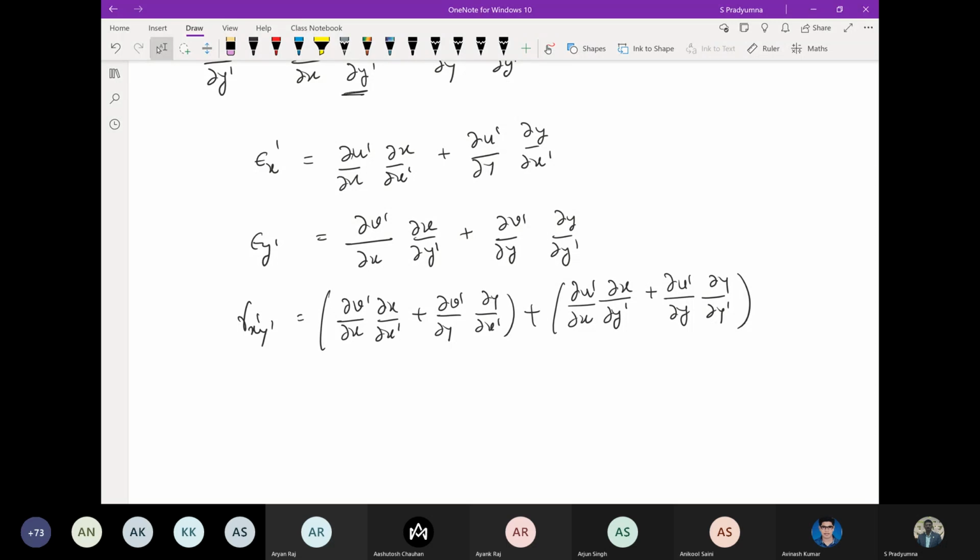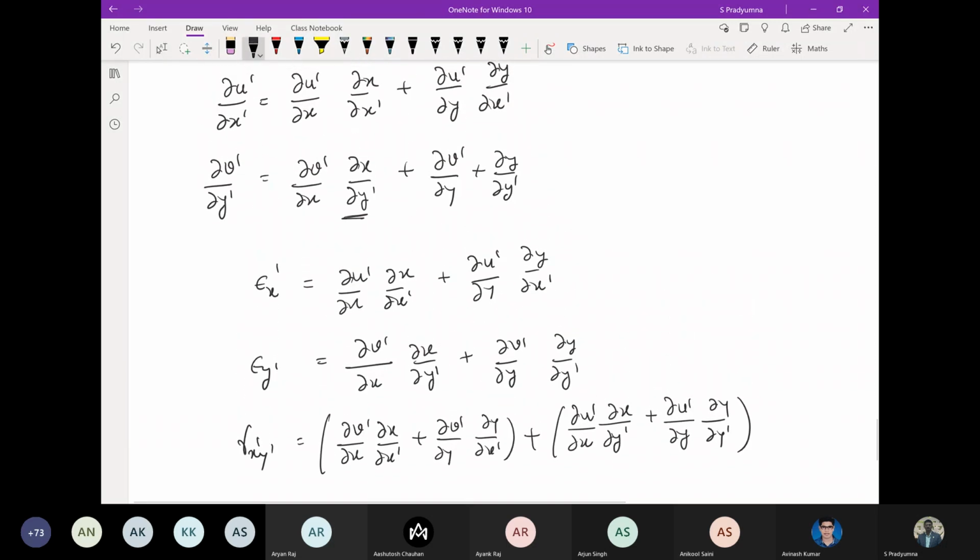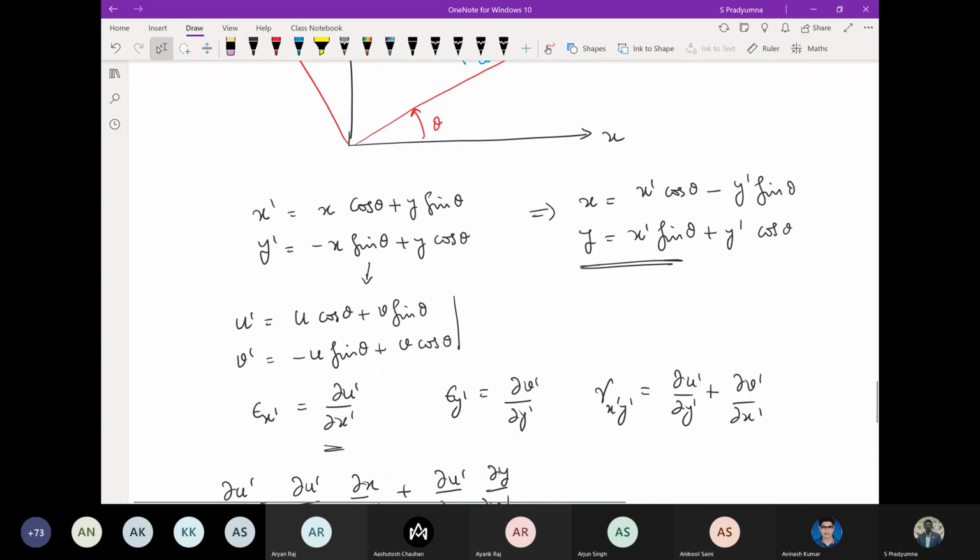Now, what I can say now is that, for example, if I look at this expression, what is dou u dash by dou x here? From this expression I can write, what is dou u dash by dou x equal to? Is it equal to dou u by dou x cos theta plus dou v by dou x sin theta?